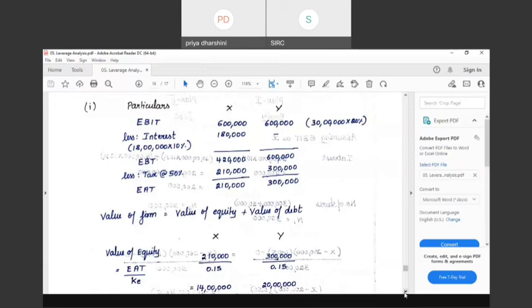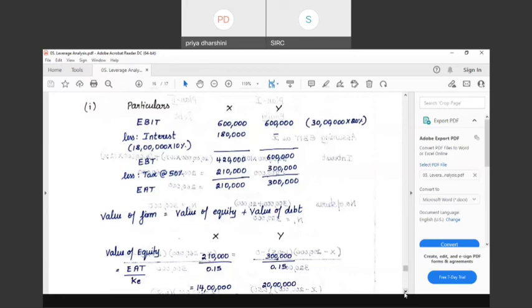This sum is very similar to illustration 31 in my book. Here they have asked us the value of company X and Y under net income approach and net operating income approach.